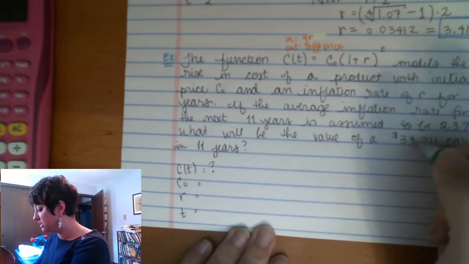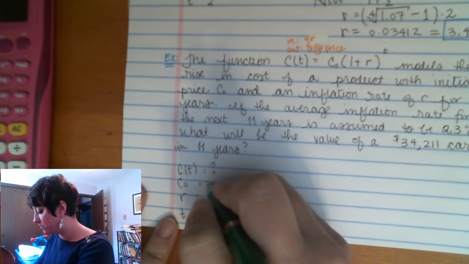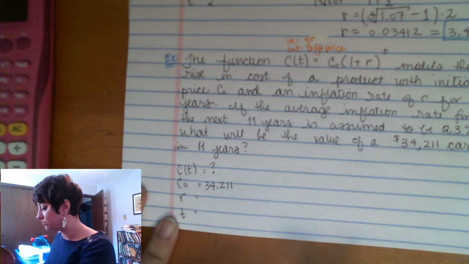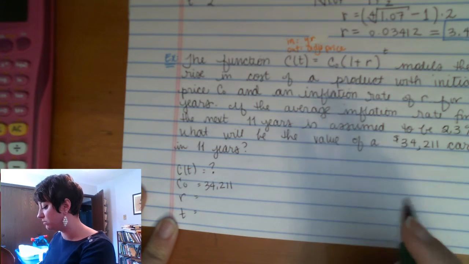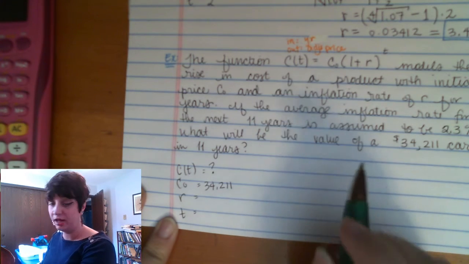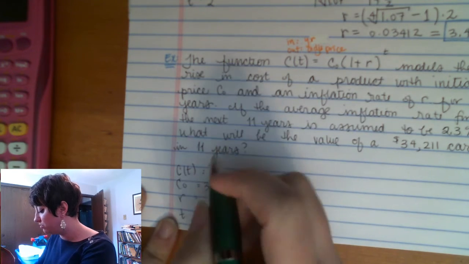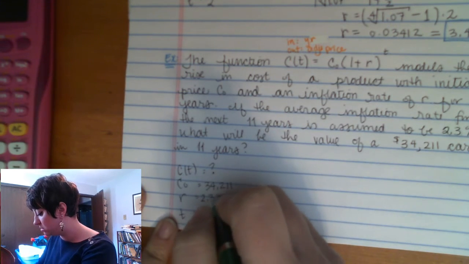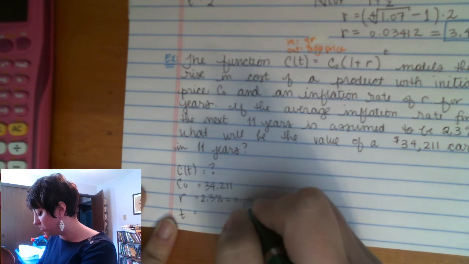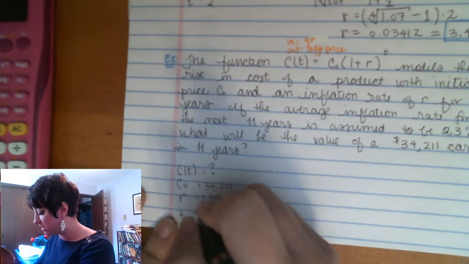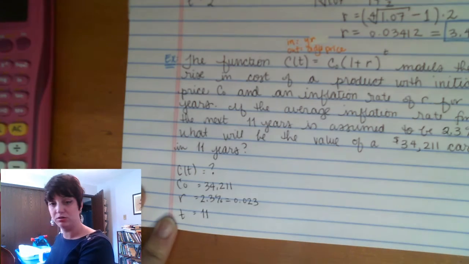So the value today of the car is $34,211. The inflation rate is assumed to be 2.3%, which is 0.023, and the amount of time is 11 years.